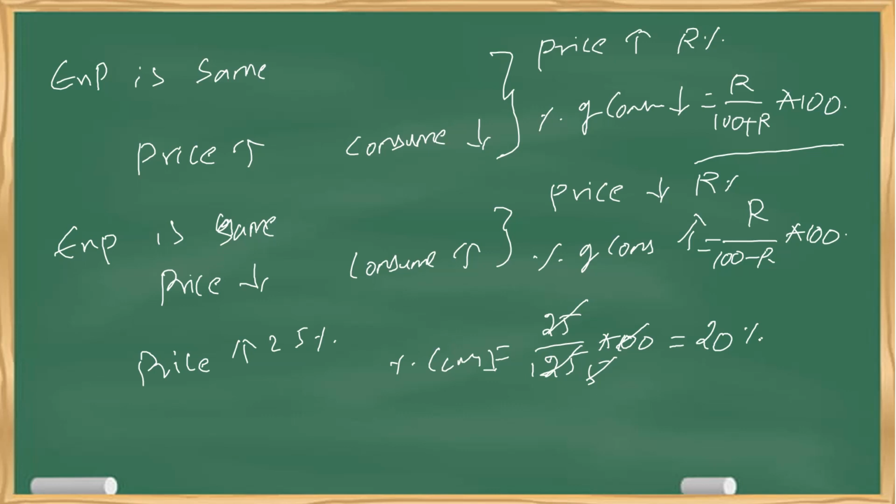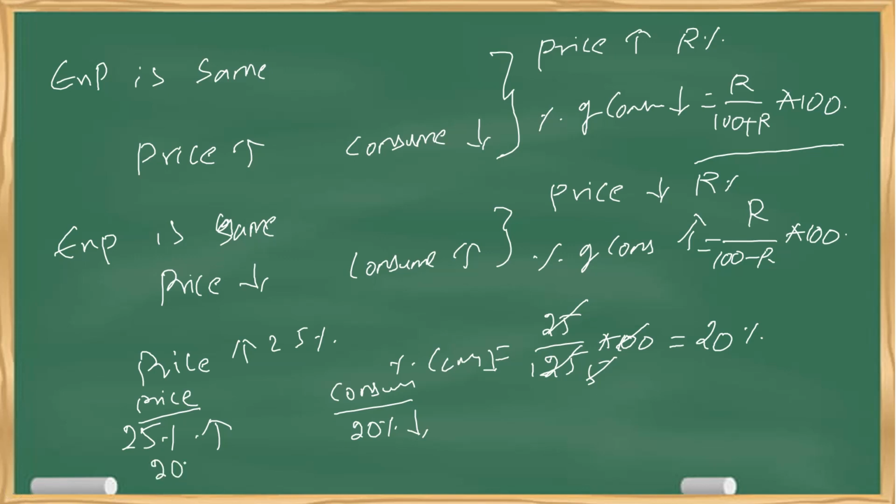So how do we remember these conversions and comparisons? There are some standard values here. I'll tell you that. When there is a 25 percent increase in the price, the consumption has a 20 percent decrease.